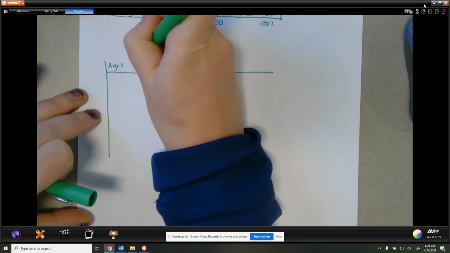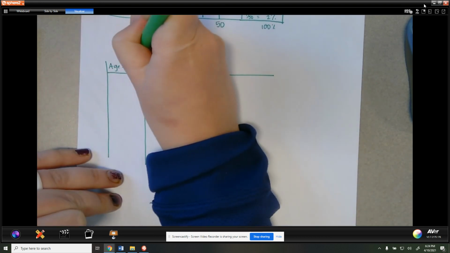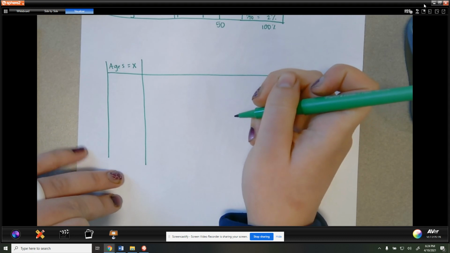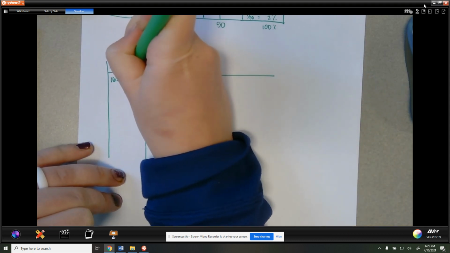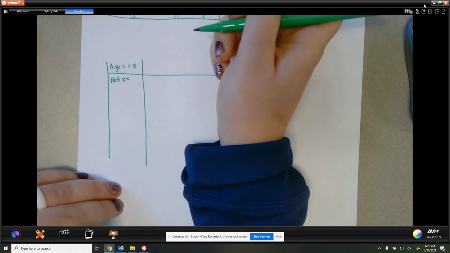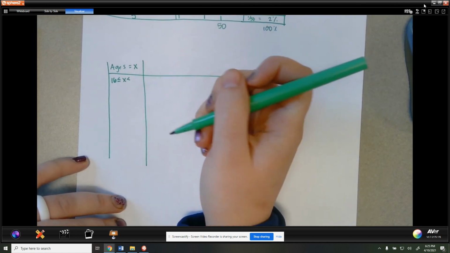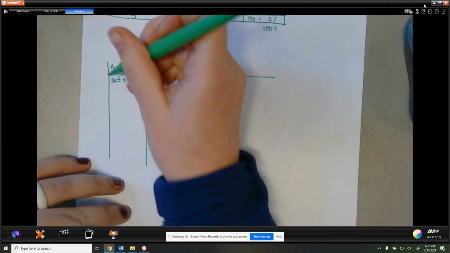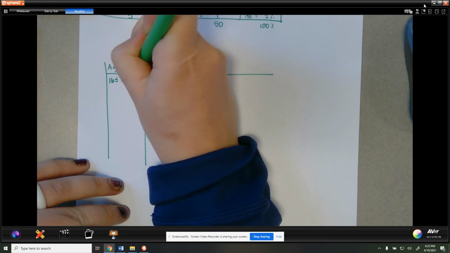Let's call this X actually. So the first one, we're going to say X is equal to 16 or, and then we go up by 8. Actually, we're going to have 6 groups counting by 8s to make sure we cover everything. So if I add 8 to this, that would be 24.